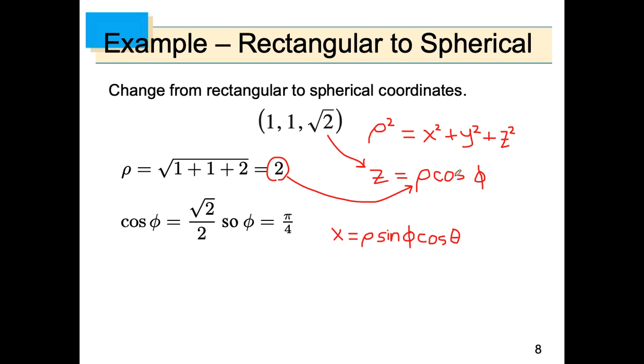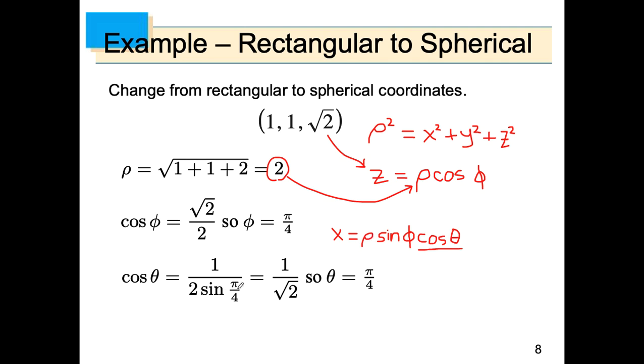From previous steps in this problem, we already found that rho is 2 and phi is pi over 4. And x was given from the very beginning of the problem, which is 1. So we simply plug in those values and solve for cosine of theta. That gives us cosine of theta equals 1, the x value, divided by 2, the rho value, times sine of pi over 4.